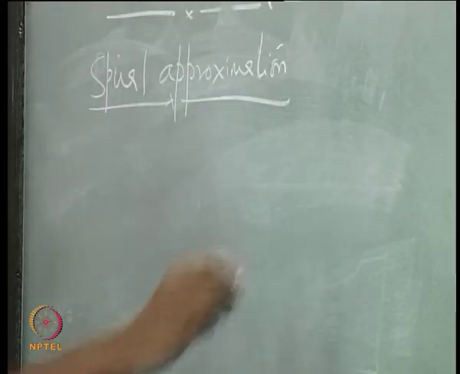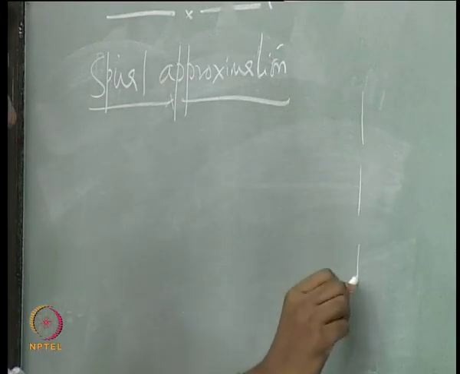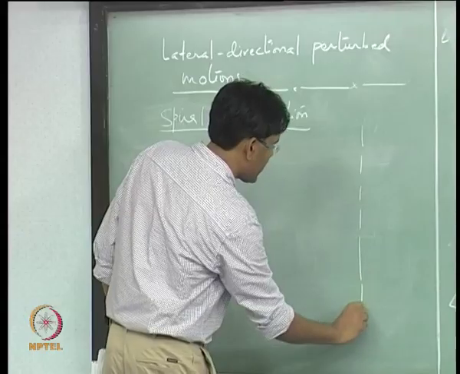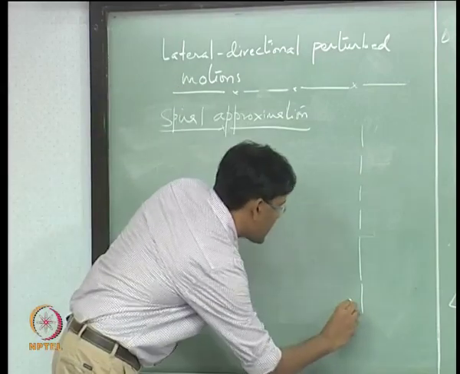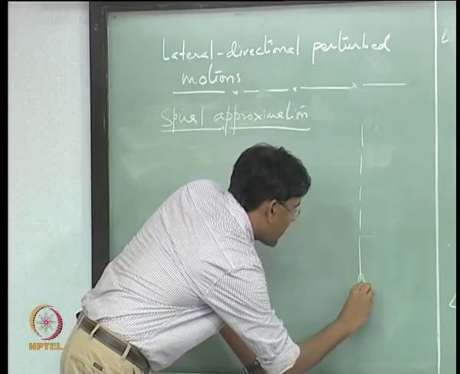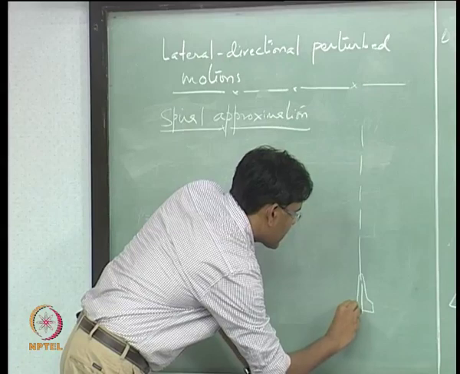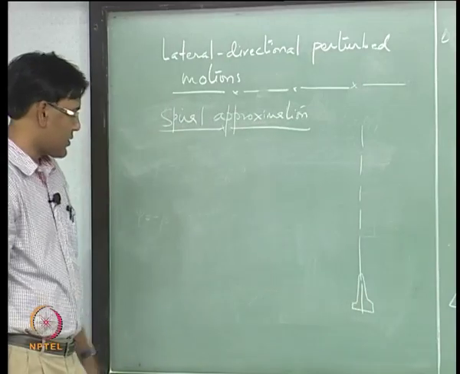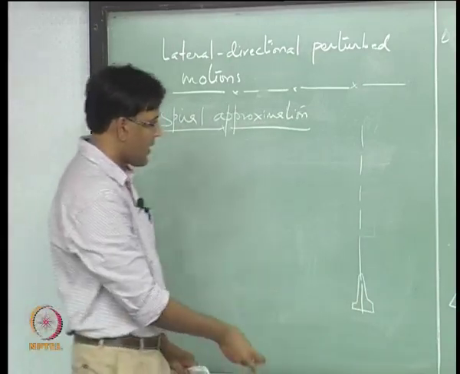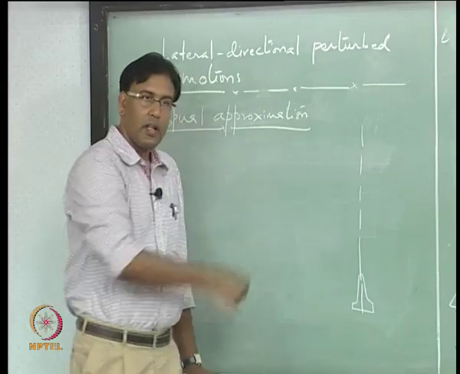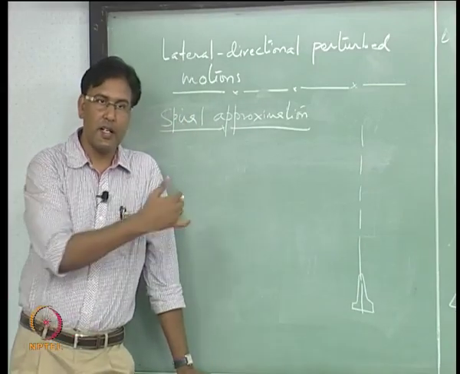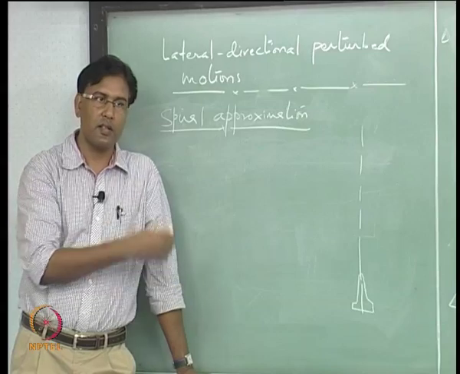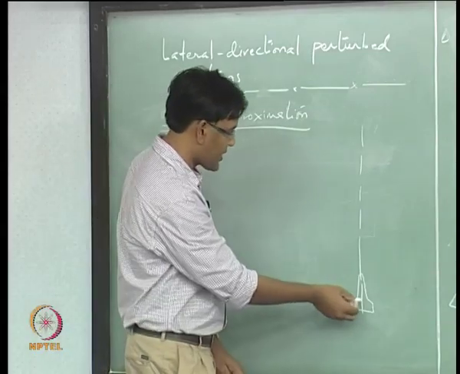If you remember, in the last class we talked about this motion. Your aircraft is on a cruise flight condition, and a perturbation hits the aircraft, a gust can hit the aircraft from the side.